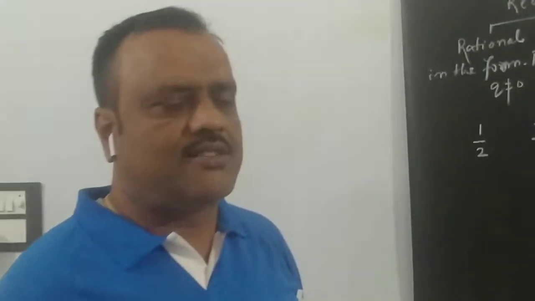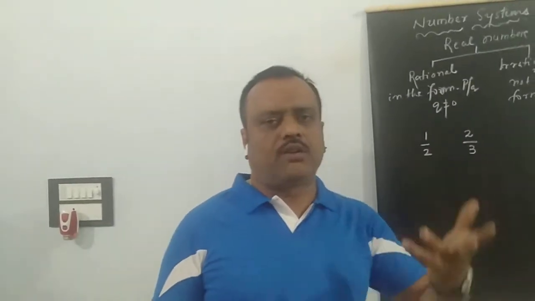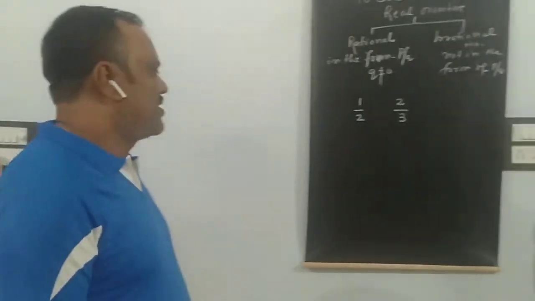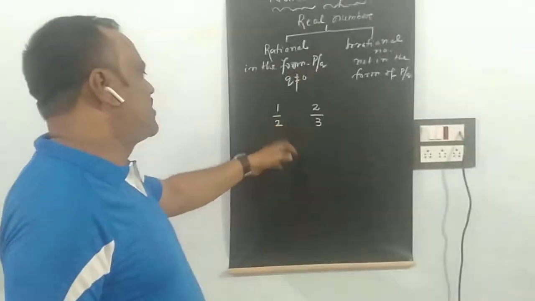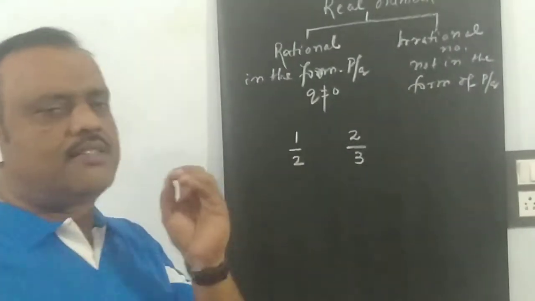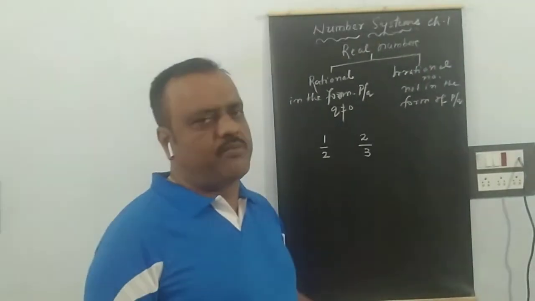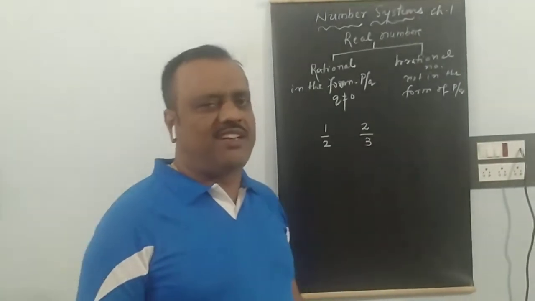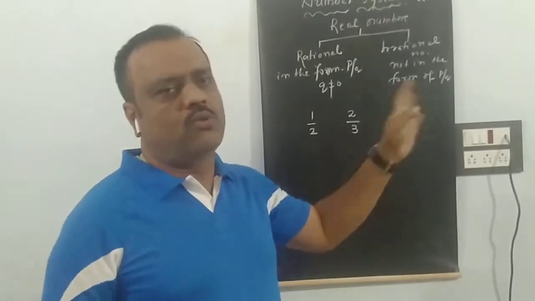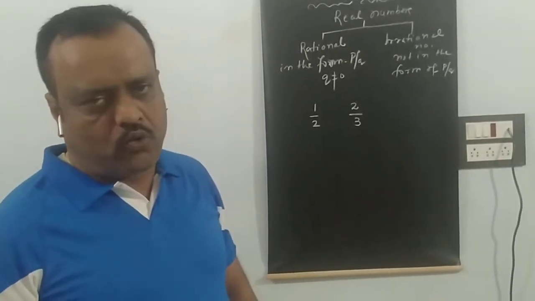Now let me discuss how you can find more rational numbers in between two rational numbers. So the question arises here: two rational numbers are given, 1 by 2 and 2 by 3. You have to find three more rational numbers in between these two numbers. Again I repeat, find three rational numbers in between 1 by 2 and 2 by 3.